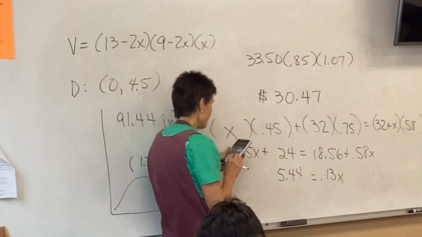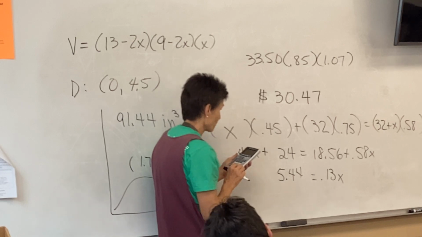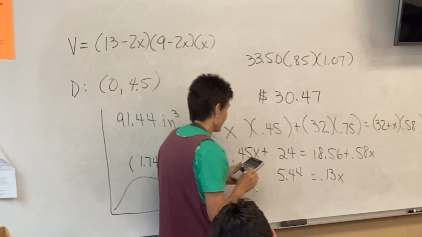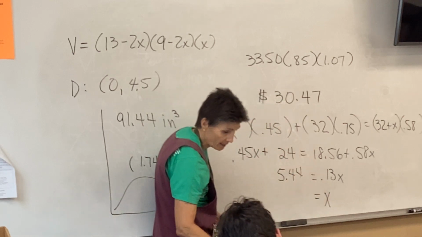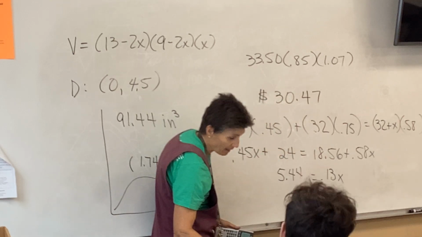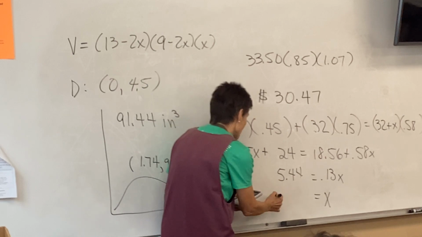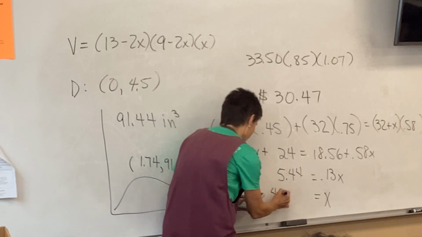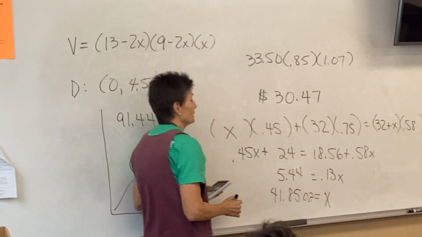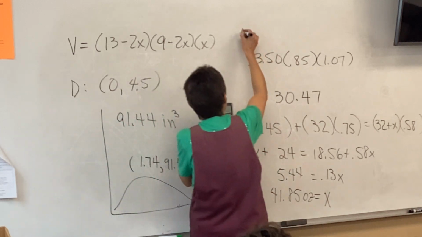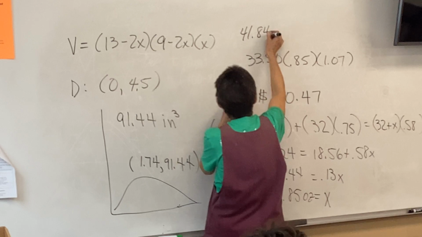And then divide. Round it correctly, this is going to be ounces. How many ounces did you come up with? 41.85. 41.85 ounces, that's exactly right. So again, does everybody understand why that's 8.5?